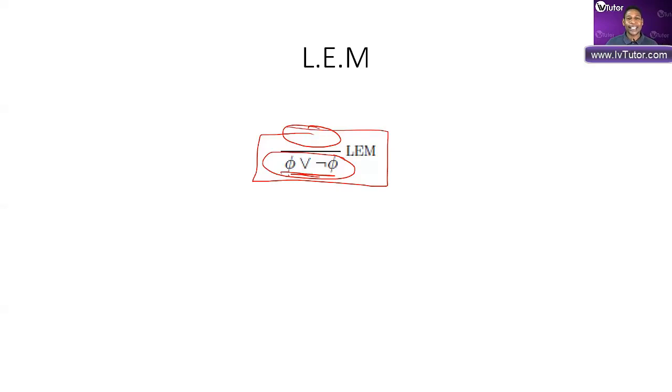Out of nothing, you can have phi or not phi, P or not P, Q or not Q. So Q already exists, but in the form of Q or not Q. That is the definition of LEM. It means law of excluded middle. It is a statement that is always true, regardless of the scenario.